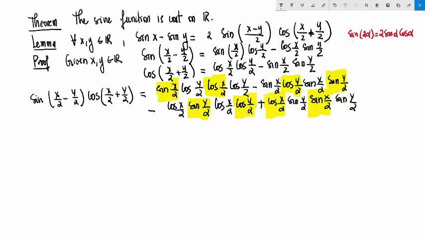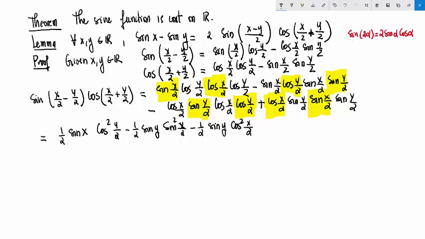So using this trig identity, this becomes 1/2 sine of x times cosine square of y over 2 minus 1/2 sine of y times sine square of x over 2 minus 1/2 sine of y cosine square of x over 2 plus 1/2 sine of x times sine square of y over 2.